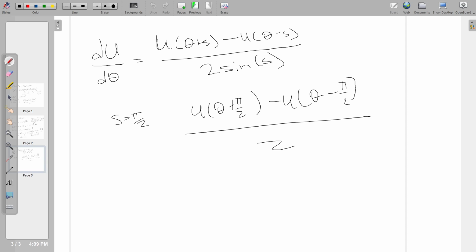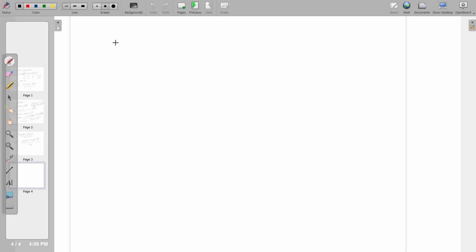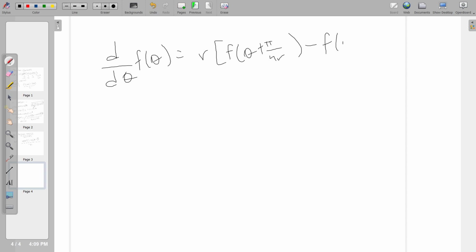And you will see this format pretty commonly. I think I've even used this before, where this time the derivative of the circuit is equal to R times F of theta plus pi over 4R minus F of theta minus pi over 4R.